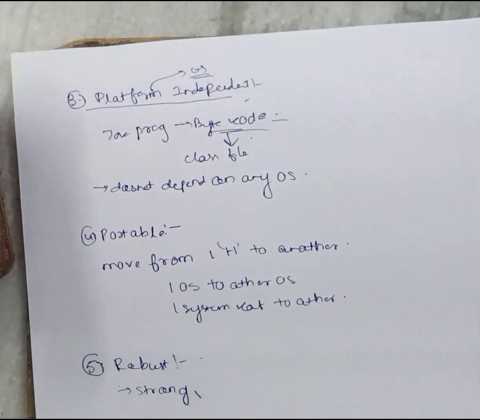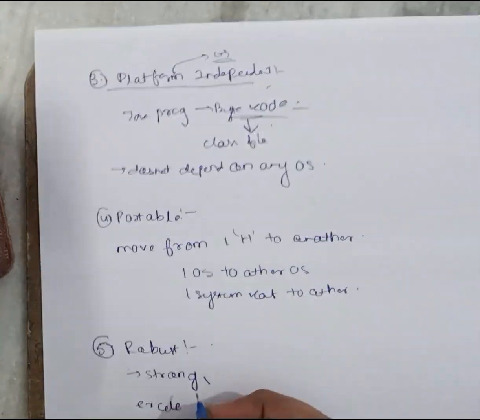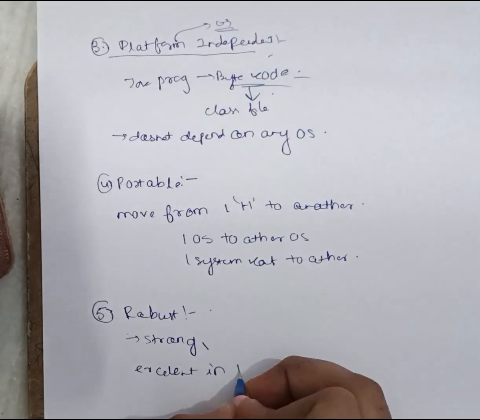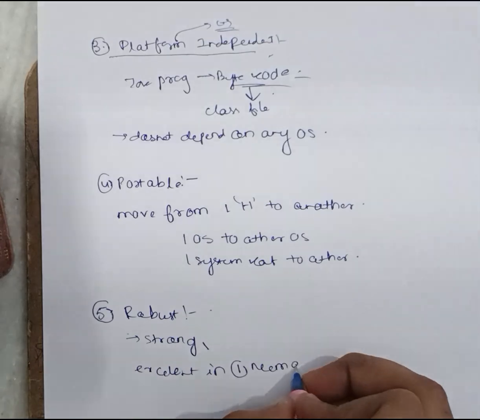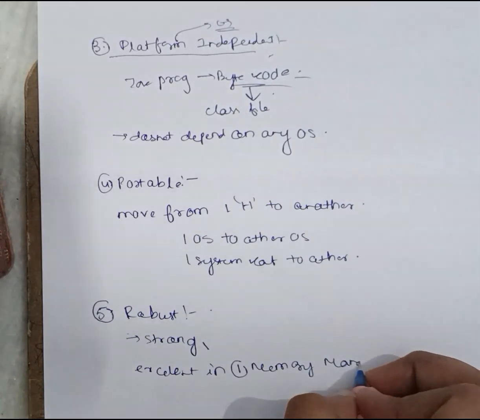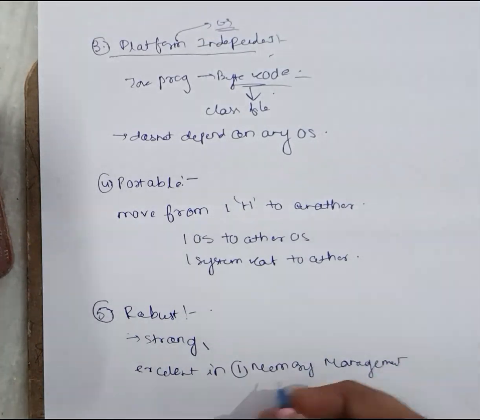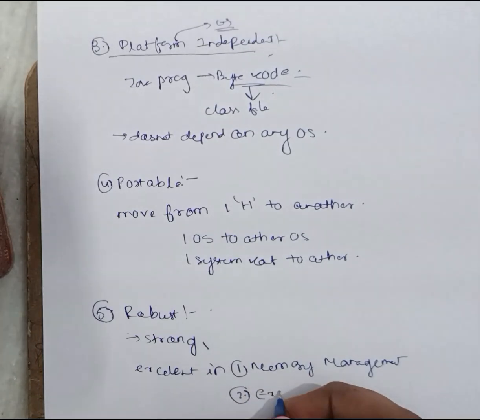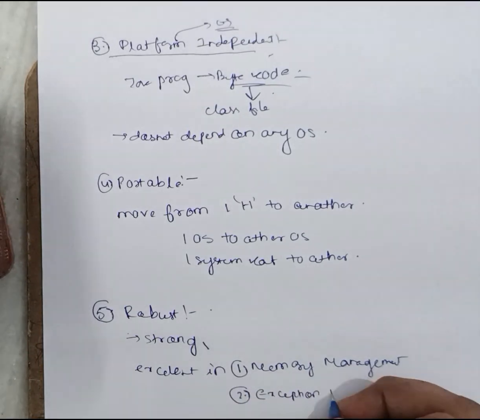We can say any programming language is a robust programming language if it is excellent in memory management. And the second reason is exception management.